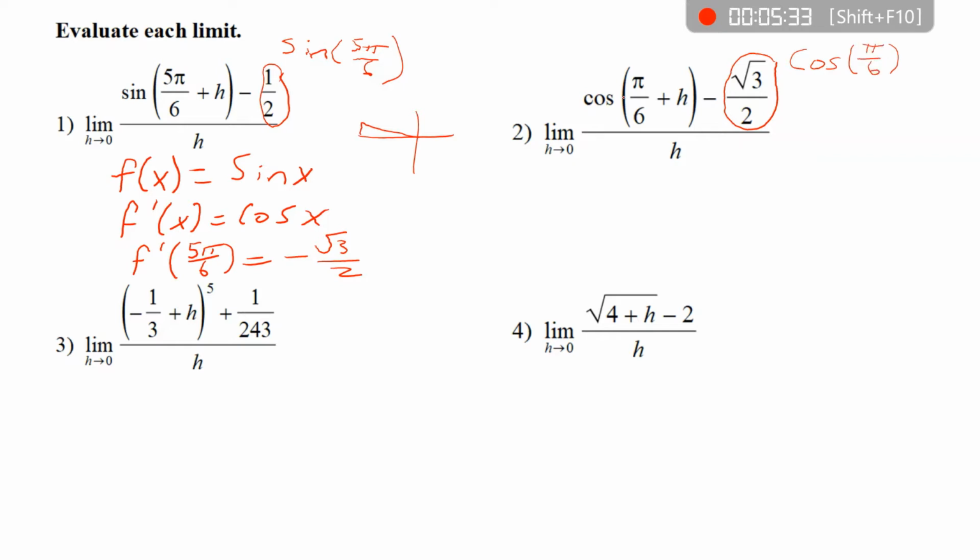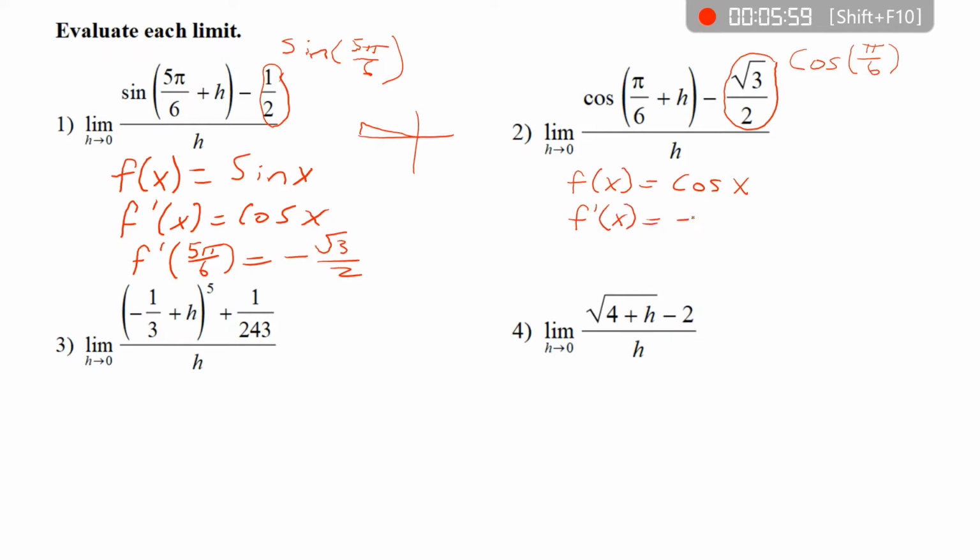Okay, again, my formal definition of derivative is x plus delta x. So this inside part of my function here is actually telling me my x value. Since our change in x is h, this is x plus delta x, or x plus h, which is pi over 6 is my x value. Okay, so my function of x is cosine. Then, Junho, what's our derivative?